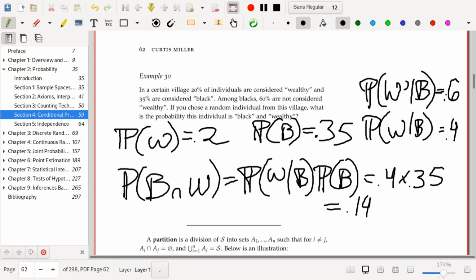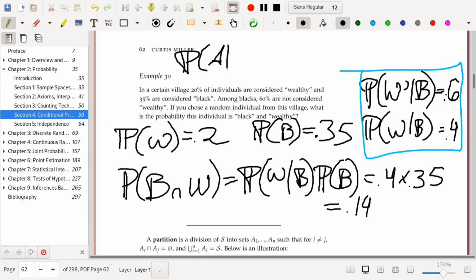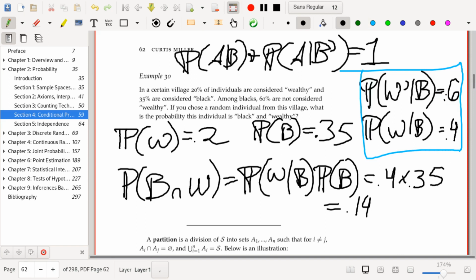The answer is no. You shouldn't be bothered, because in a sense they are different probability spaces. While we require that the two numbers shown here add up to 1, we do not require that the probability of A given B plus the probability of A given B complement equals 1. That is not a requirement.